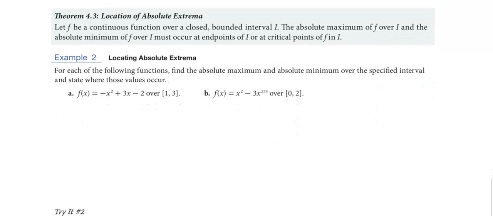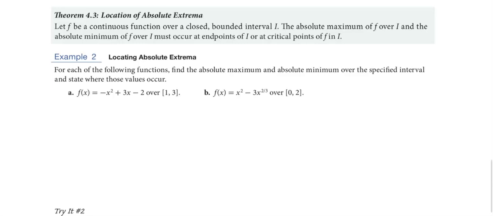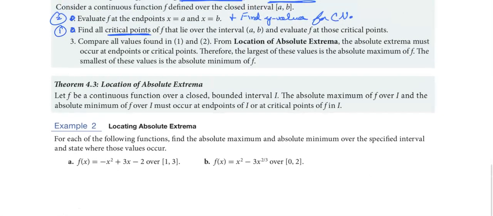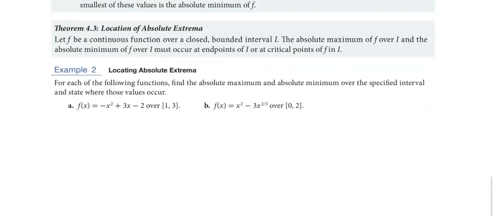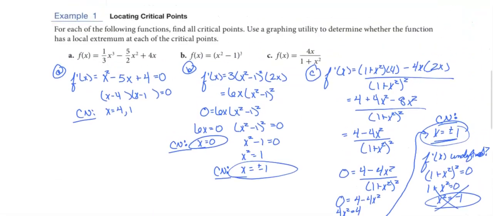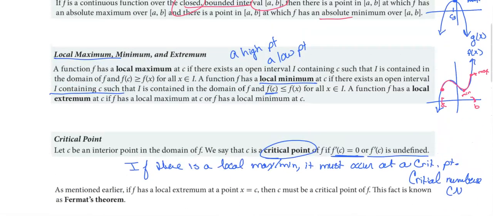If we're looking at absolute extrema on a closed bounded interval, then remember, the extreme value theorem said we're guaranteed to have our max or a min. And it has to happen either at a critical number or at an endpoint. Going back to our picture that we drew earlier, when we found critical numbers, we would find this critical number and this critical number by taking that derivative and setting it equal to 0.